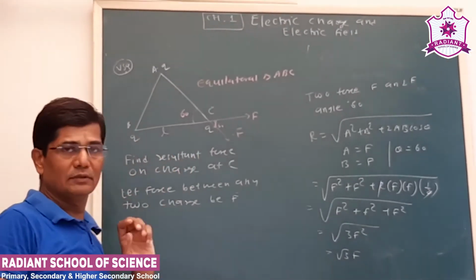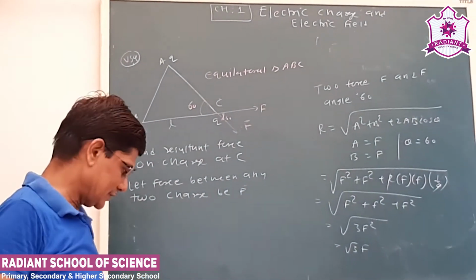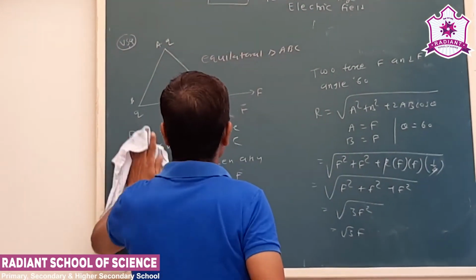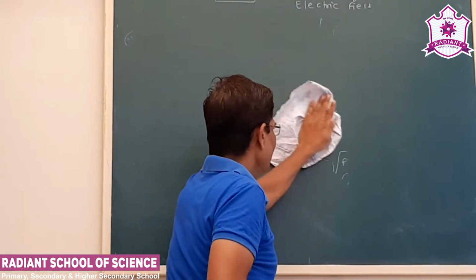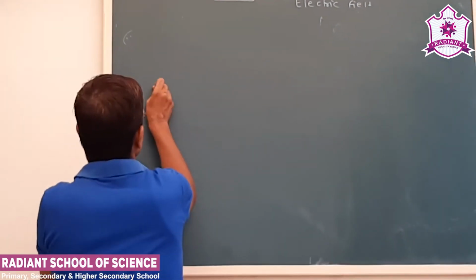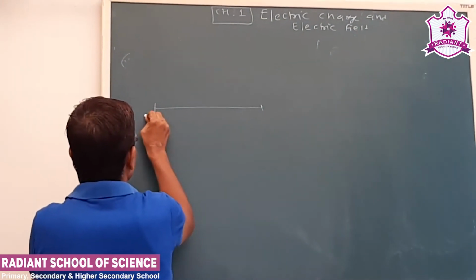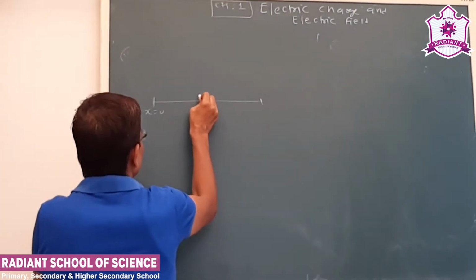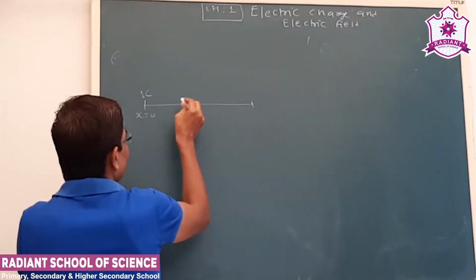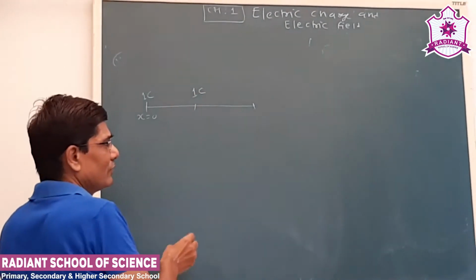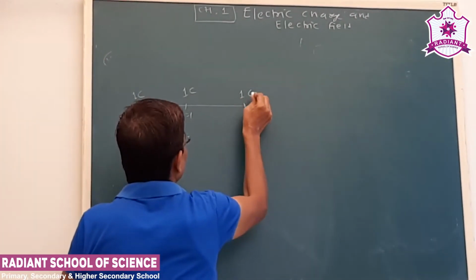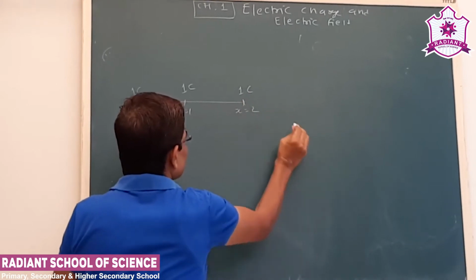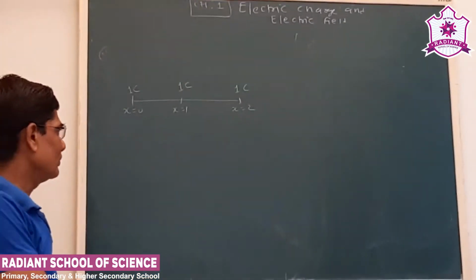See, here we have got a system of three charges. Now, let us take another example. Suppose we are given three charges. One is at x equal to 0, that is 1 coulomb magnitude. This also is one magnitude, that is at x equal to 1. And the 1 coulomb charge is located at x equal to 2 meter.